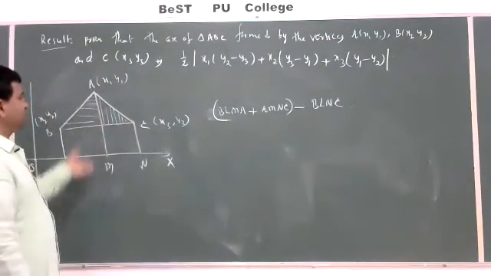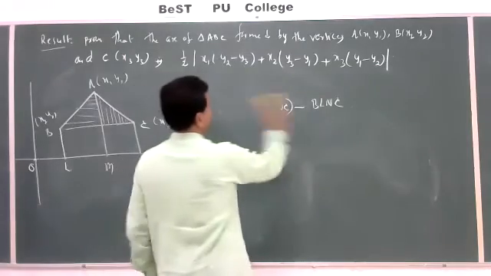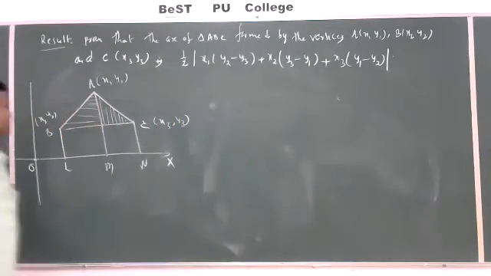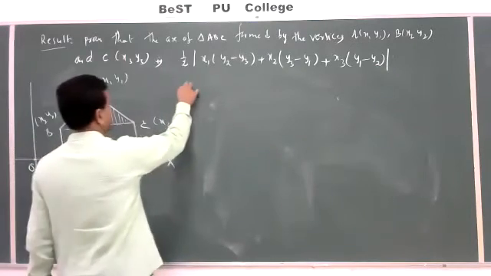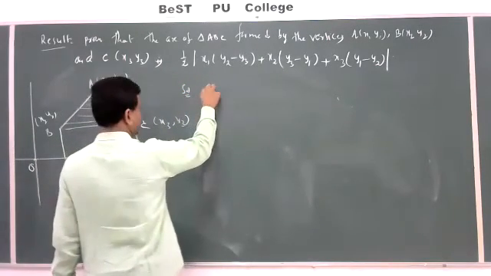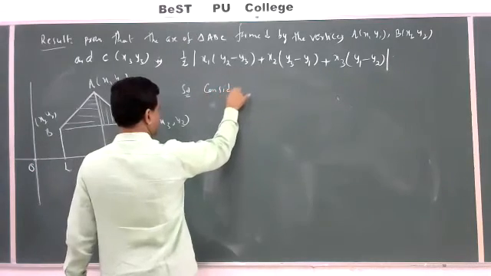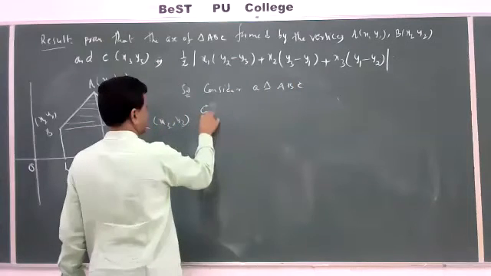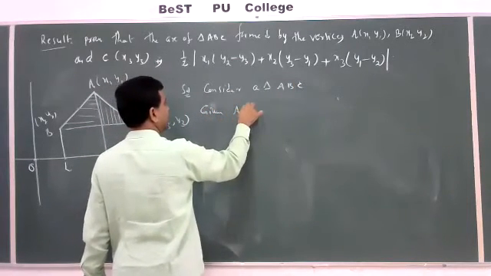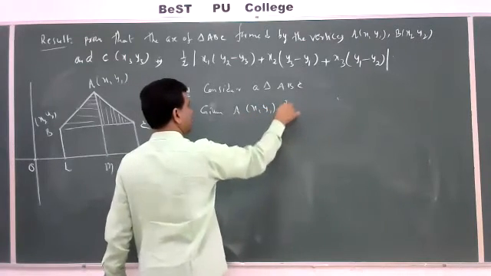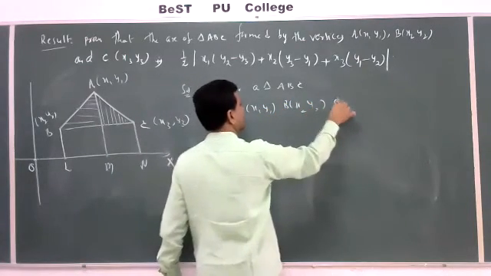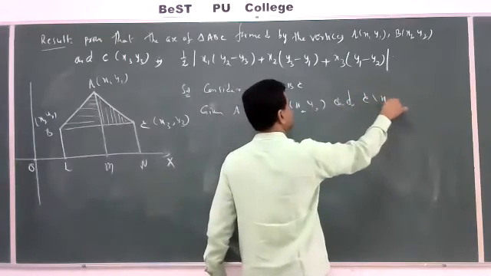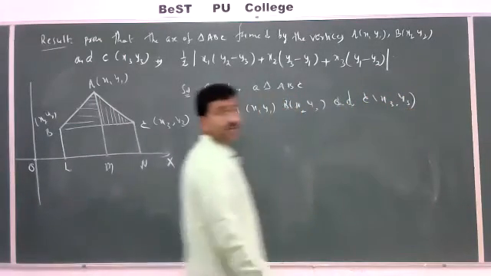And we will try it by using the point definition. Now first draw the diagram. First explain this one. Consider a triangle ABC given by A(x1, y1), B(x2, y2) and C(x3, y3).